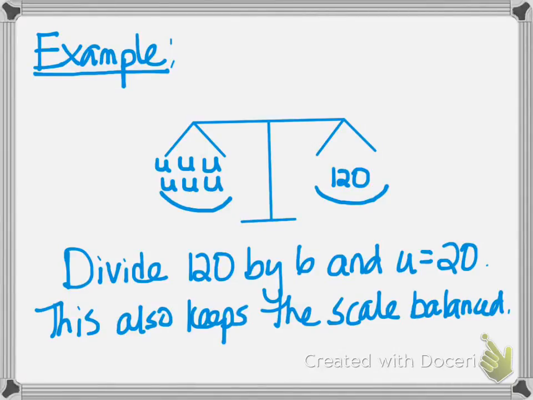If you were to divide 120 by 6, you would find that u equals 20, which would then keep the scale balanced. You have to understand that because the letters are all the same, the value is the same for the variable, or the u.